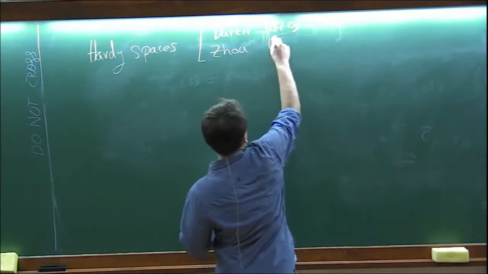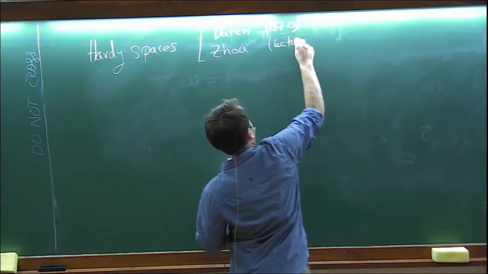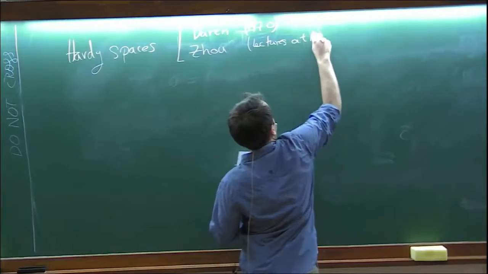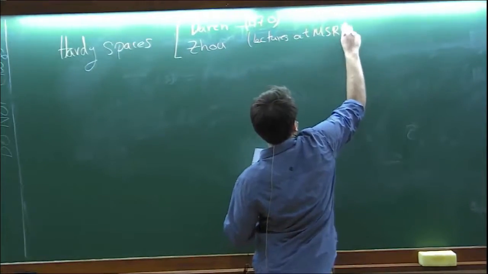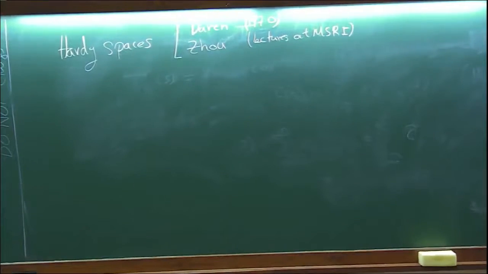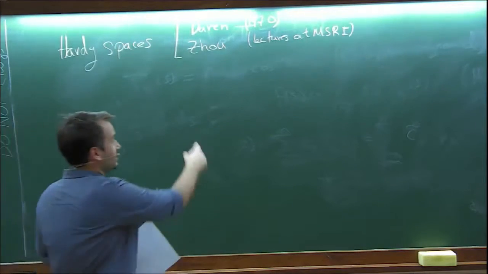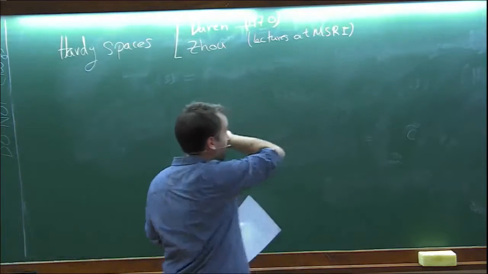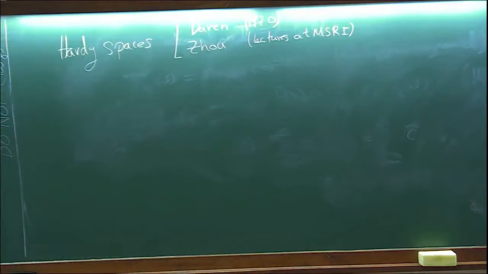These are lectures at MSRI. These are not easy to find. I believe I have a digital copy of them, so if you're interested, let me know and I can get that. There is some material on the MSRI website, but the full notes I don't think are up there.